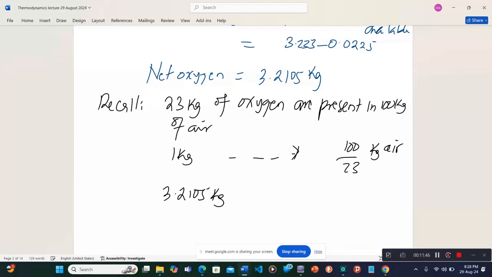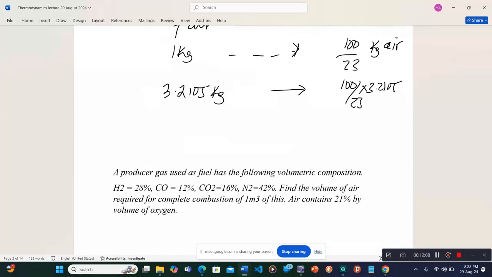Will be 100 out of 23 times 3.2105, and finally our answer should give us air.